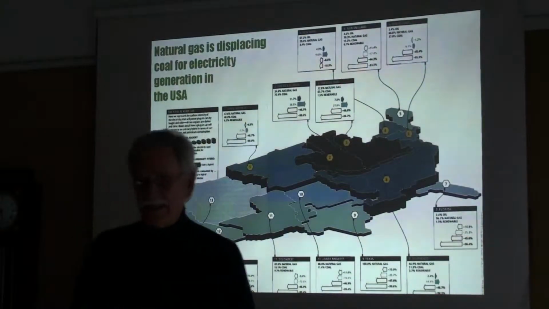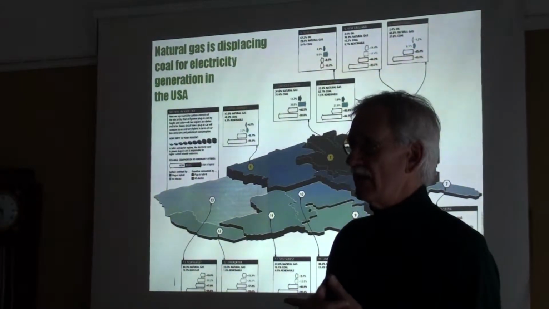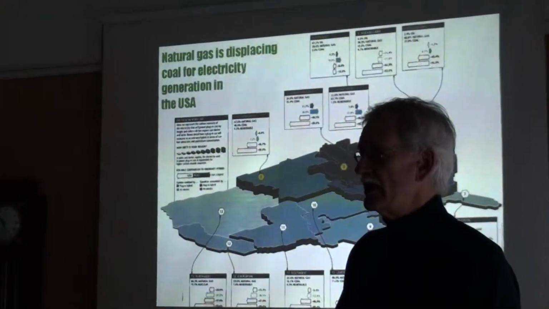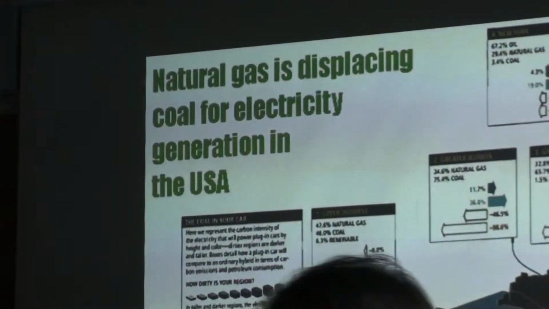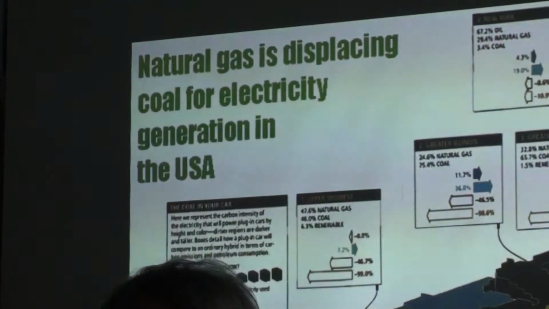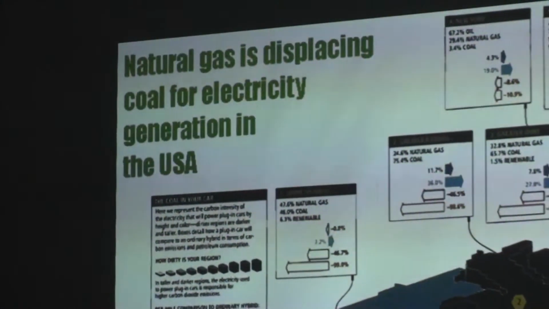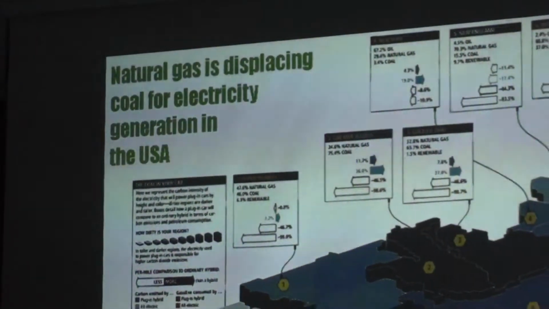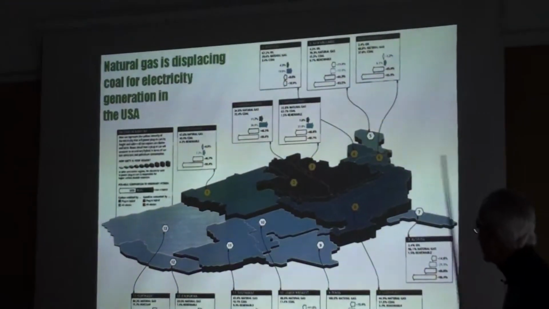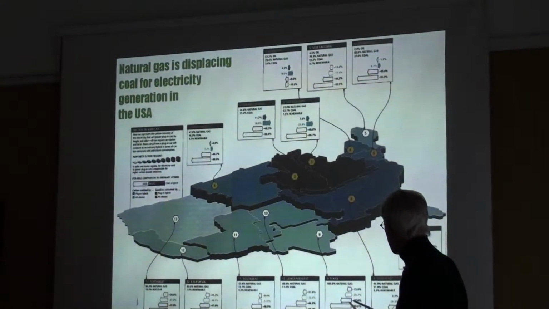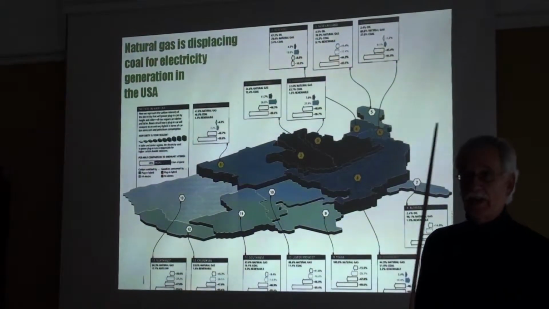And what is happening in the United States now is that a huge degree of our electrical power generation, which formerly came from coal, has been replaced by natural gas. This is a figure from the July 2010 issue of Scientific American. And this is one of the reasons that I'm encouraged that in some place like Texas, which doesn't have a very high environmental awareness, now 99.5% of the electricity generated in Texas comes from natural gas.